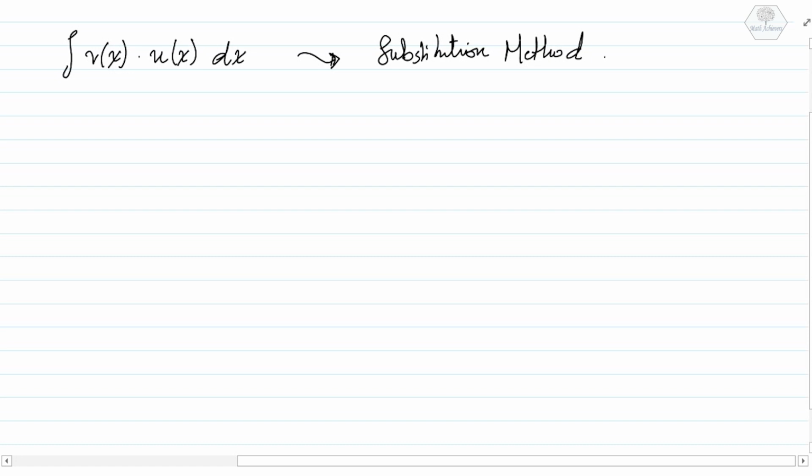The substitution method is like we take one of the functions, we let it be u, we differentiate it, and we substitute some of the variables so we can get to a point where we can integrate our function. So, using the substitution method, let's take an example.